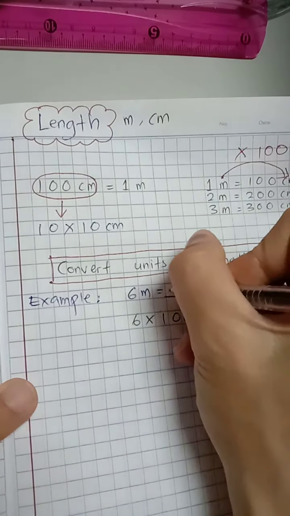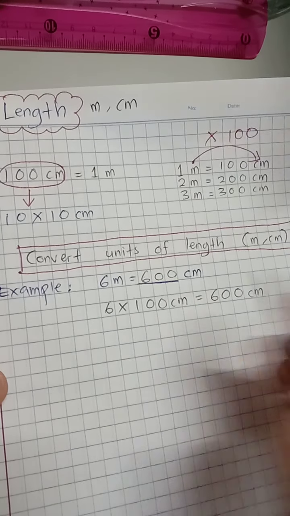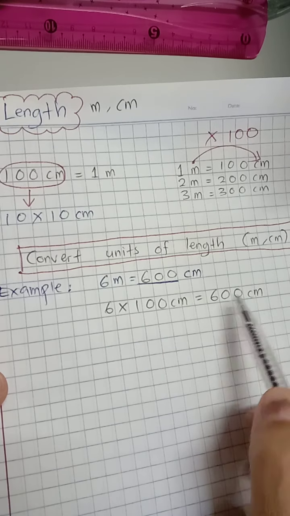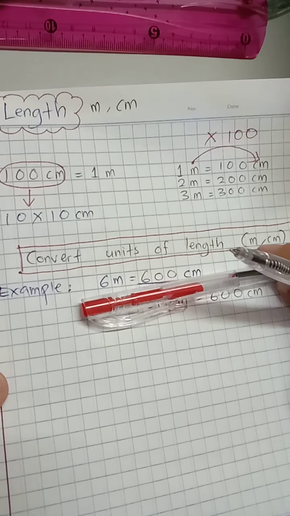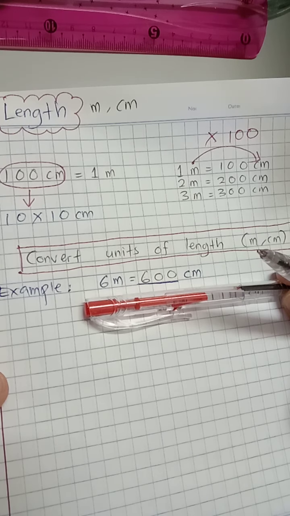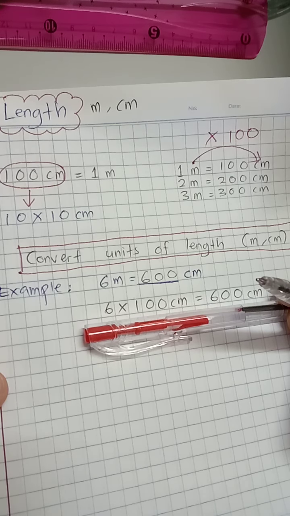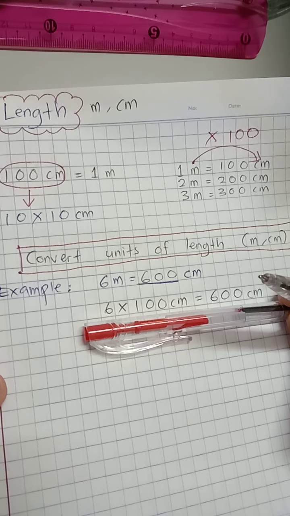So this is the working that you need to show. Yes, you can right away answer 6 meter equals 600 centimeter, but if you are asked to show the working, this is how you show it: 6 times 100 centimeter equals 600 centimeter.